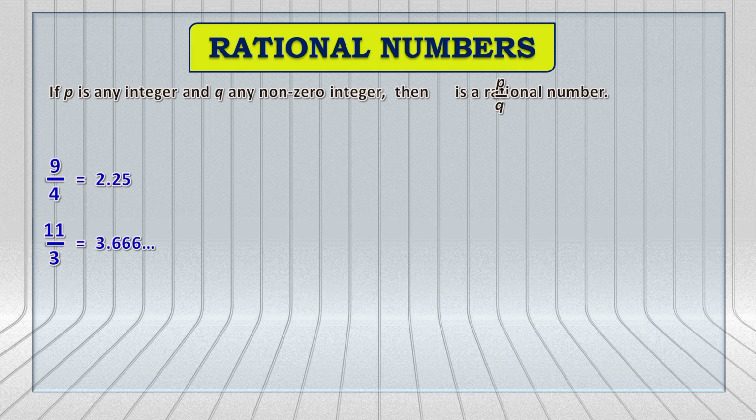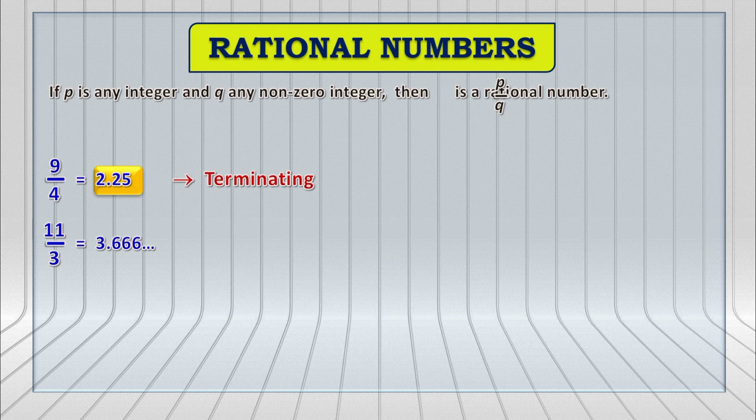Now let us take some examples like 9 by 4, which gives us as a decimal 2.25, and 11 by 3, which we divide, we will get 3.666 and this will continue. So 9 by 4, as we can see, 2.25.